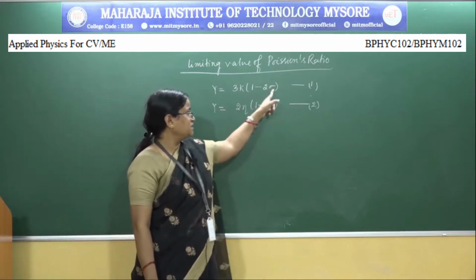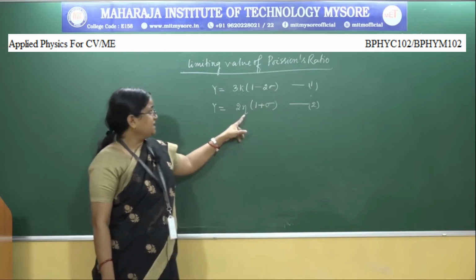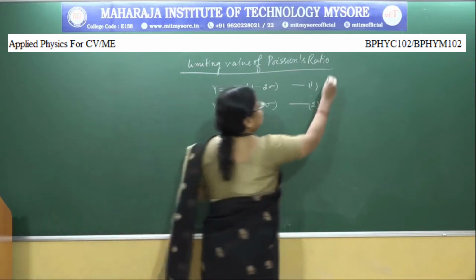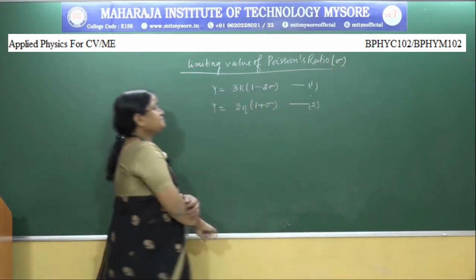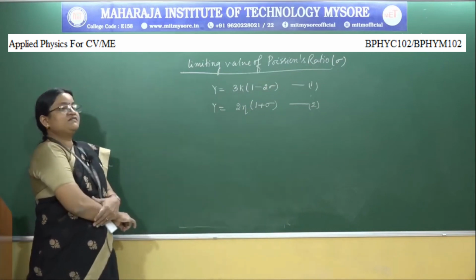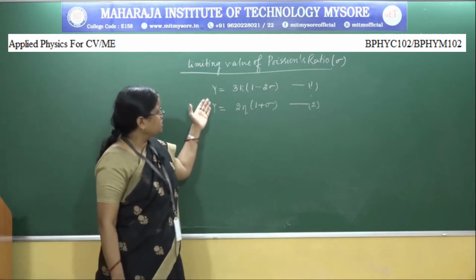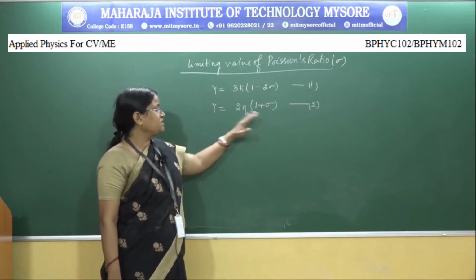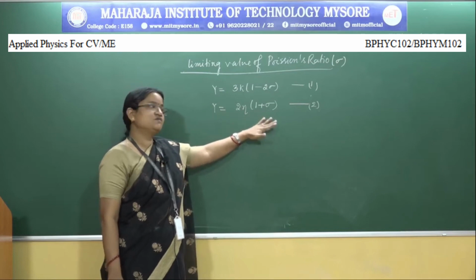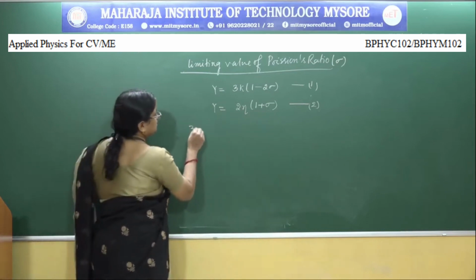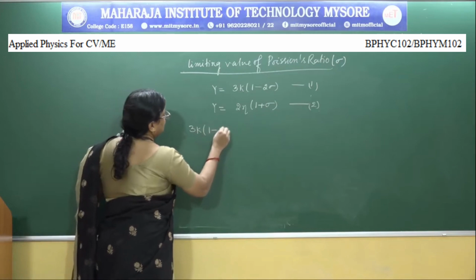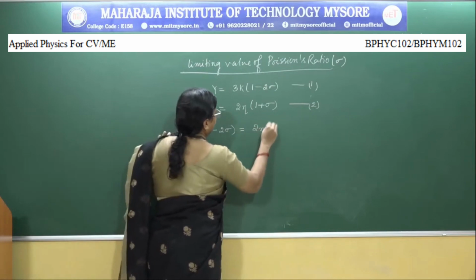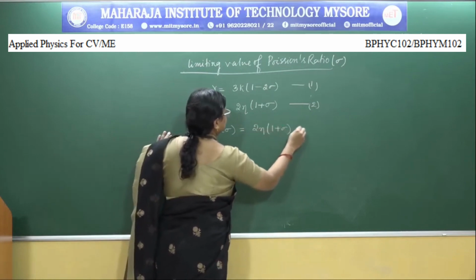K is the bulk modulus, sigma is the Poisson ratio, eta is the rigidity modulus. Now, to find the limiting value, both expressions are for Young's modulus. So, if the left side of the equation is equal, the right must also be equal. We equate them and get 3k(1 minus 2 sigma) equal to 2 eta(1 plus sigma).